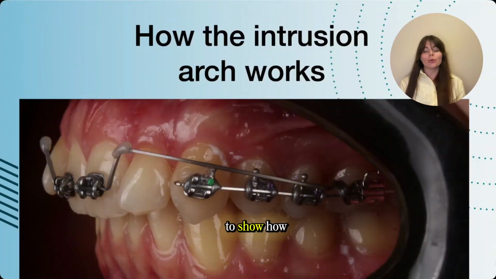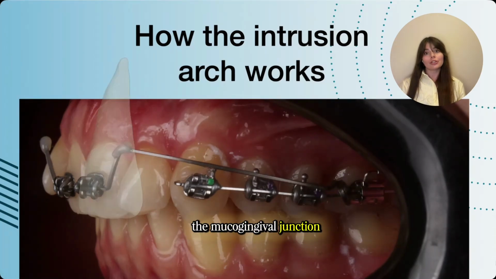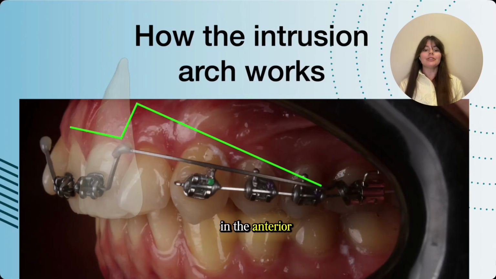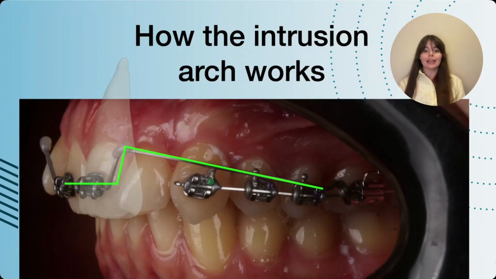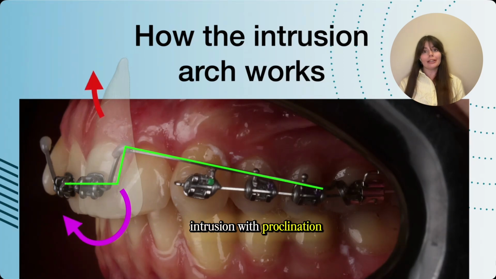Here I want to show how the intrusion arch works in its active state. When first placed in the oral cavity, it lies in the area of the mucogingival junction, in the anterior region. Then, when the archwire is engaged into the brackets on the anterior teeth, we achieve their intrusion with proclination.